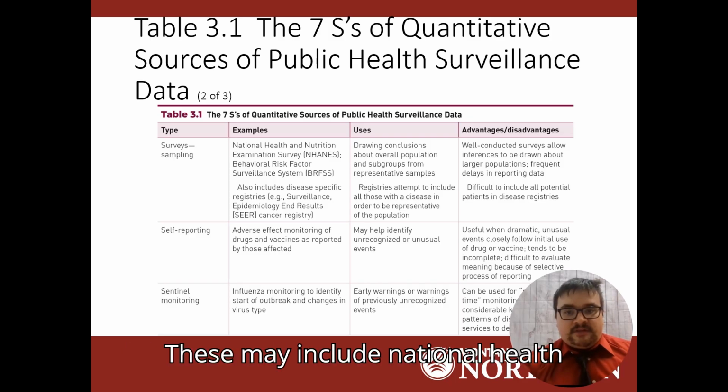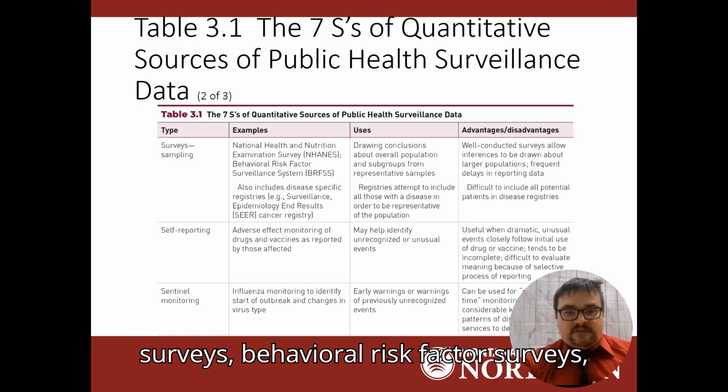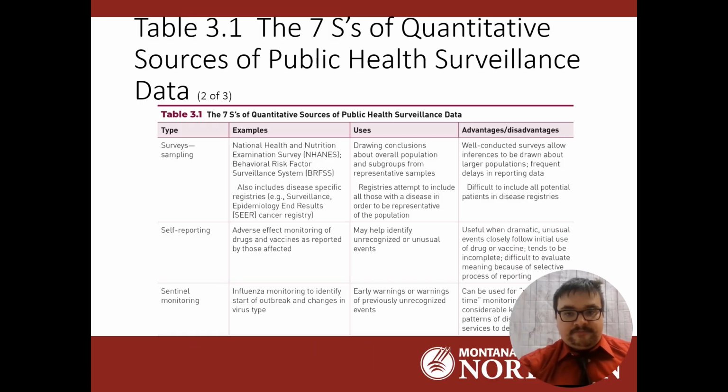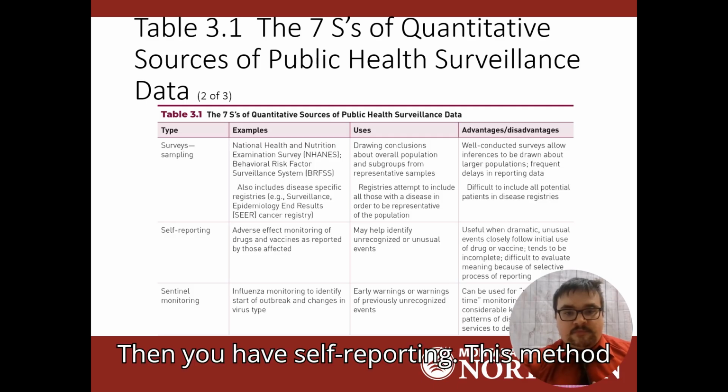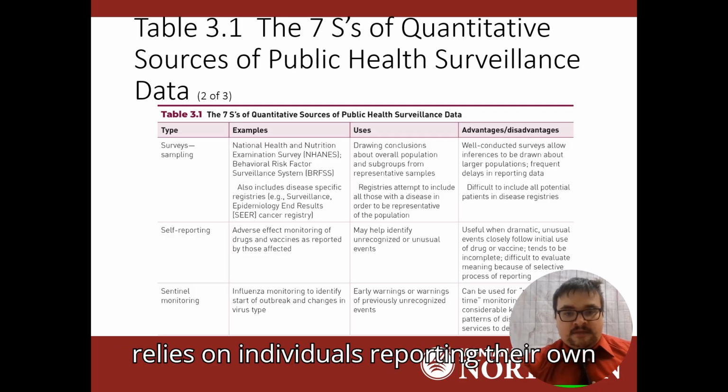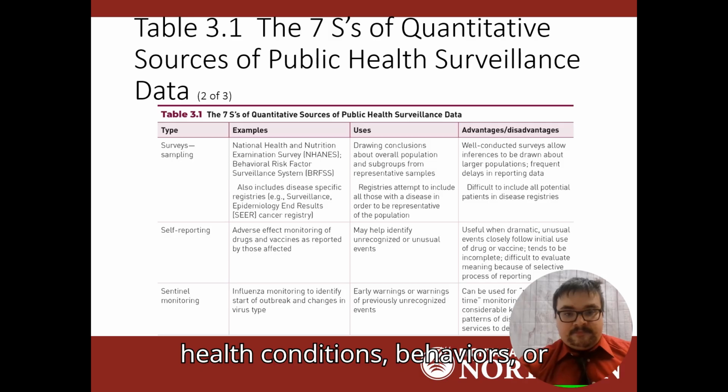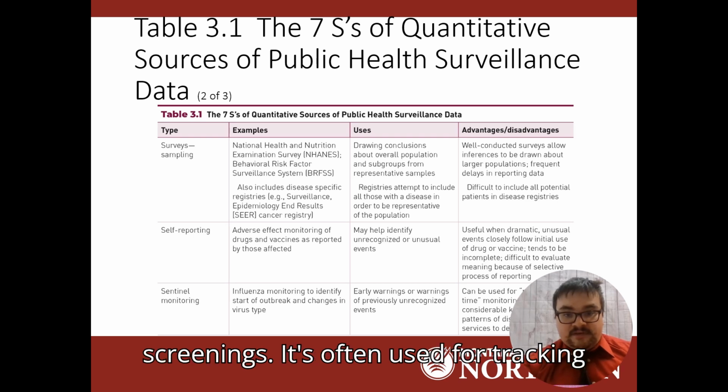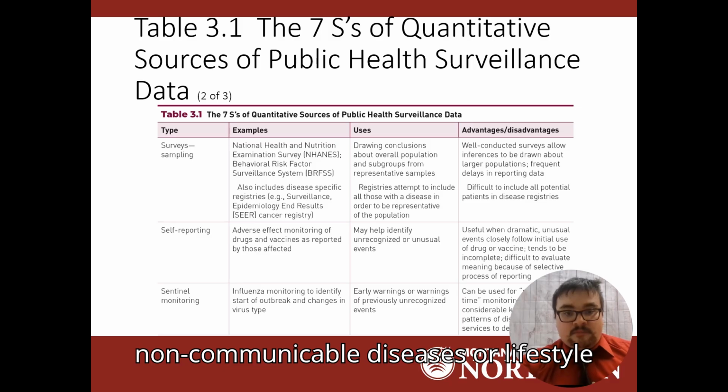These may include national health surveys, behavioral risk factor surveys, and disease-specific questionnaires. Then you have self-reporting. This method relies on individuals reporting their own health conditions, behaviors, or experiences, such as through health apps, disease registries, or health screenings. It's often used for tracking non-communicable diseases or lifestyle factors.